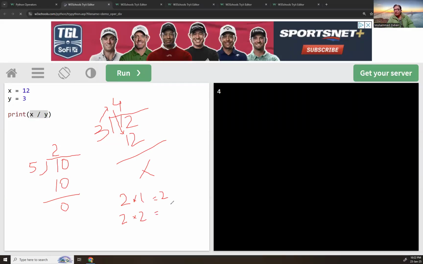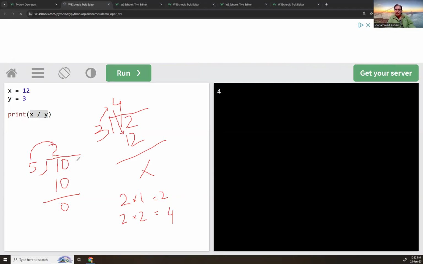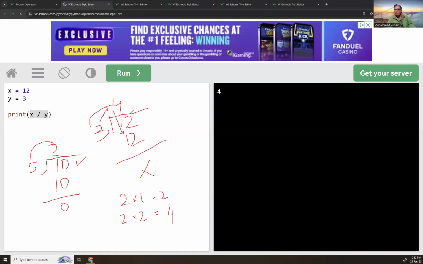Do you know that? Oh, that table. Yes, I know that one. Then this is the same thing. Five twos are 10 and three fours are 12.